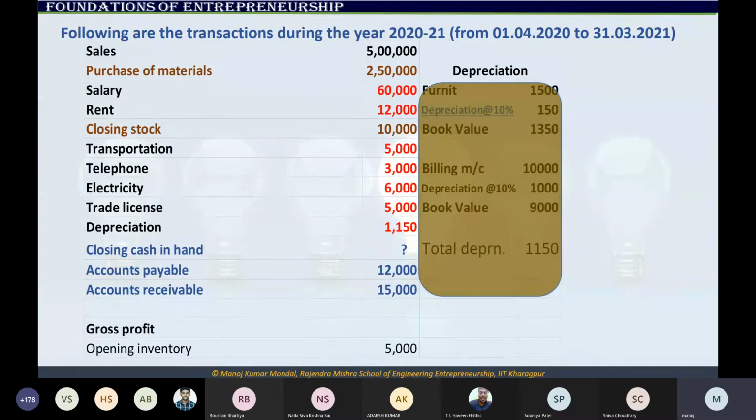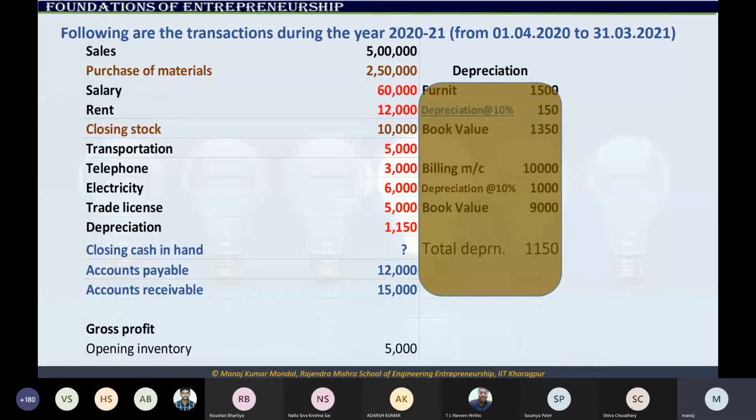Similarly, the billing machine cost us 10,000 rupees. You apply depreciation at the rate of 10%, that means 1000. Then the book value becomes whatever is the book value at the beginning of the year minus depreciation. So the beginning of the year book value was 10,000. During the year, the billing machine has reduced its value because of wear and tear, or because it has contributed to the business to the extent of the amount of depreciation, that is 1000.